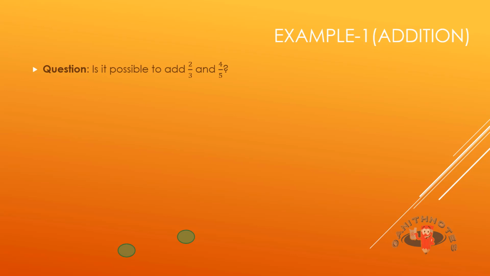See what the denominators are. Here it is 3 and 5 respectively for 2 by 3 and 4 by 5. 3 and 5 are different. So we cannot add directly. What you have to do is find a common denominator in this case. So it is possible to add 2 by 3 and 4 by 5.